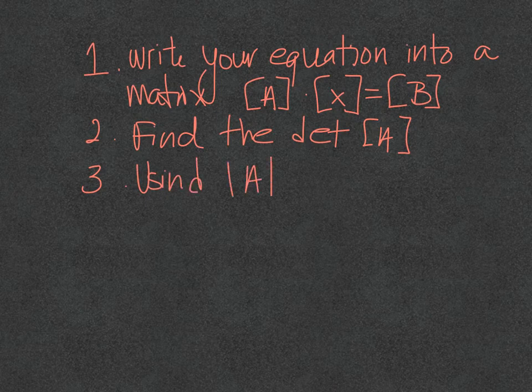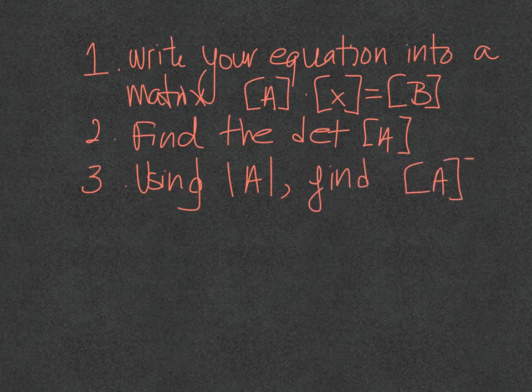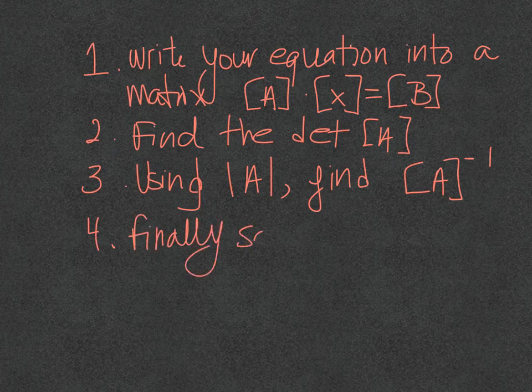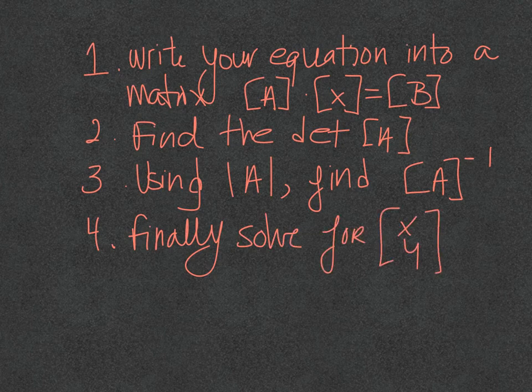Remember, a determinant is like when there are two lines, you can still use that same symbol to represent a determinant of a matrix. Using the determinant of matrix A, find the inverse of matrix A. And then once you have the inverse, finally solve for matrix X, Y. It could be A, B, any letter, by multiplying.